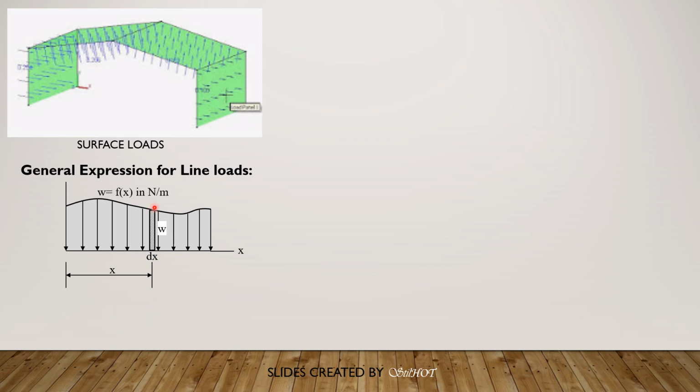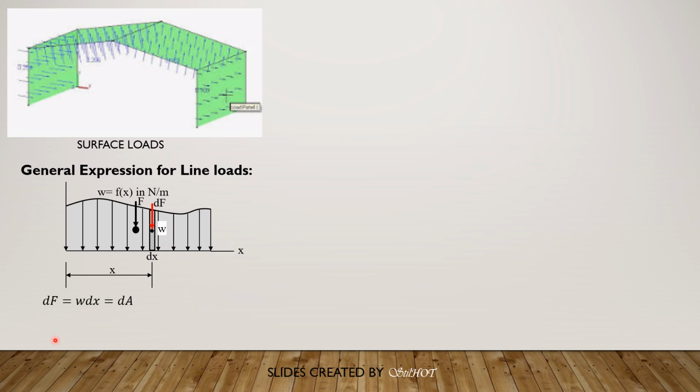The total area of this line load diagram is equal to the force F, and it is located at the centroid of that area. This area of the strip is the differential of that force F. So this differential force is simply equal to the area of the strip, which is w times dx.